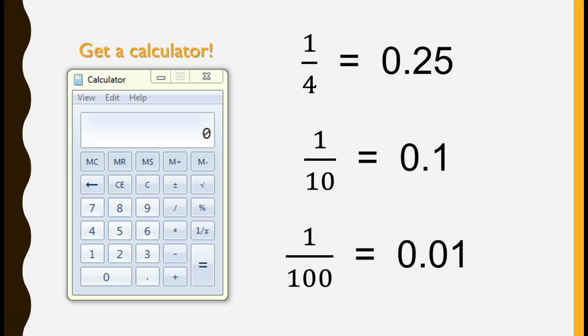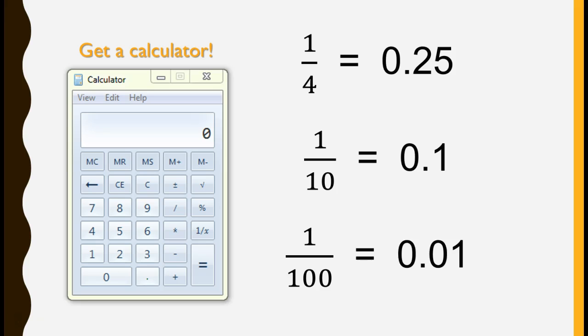Okay, so we can transform fractions into decimals, and there's a lot of good reasons to do that. Now, we've learned that fractions are a way to represent part of a whole. So if you don't have a full pizza, you're going to say, I have 1/2 pizza. Or if you have just part of a candy bar, you're going to say, I only have 1/4 of a candy bar left.